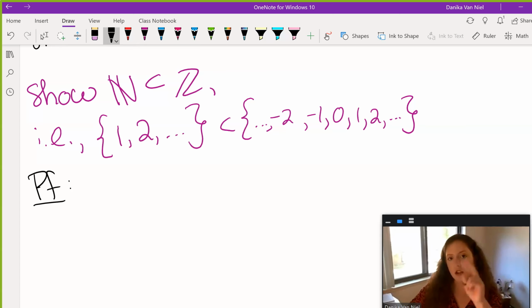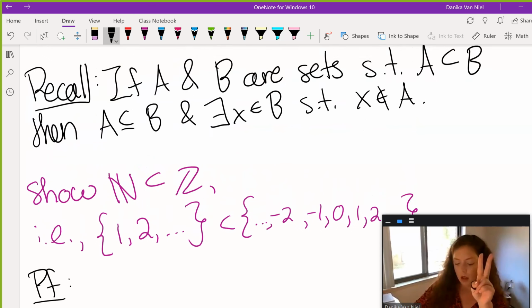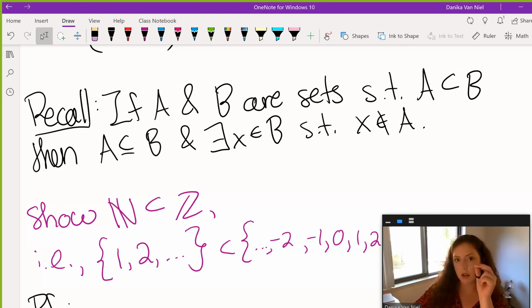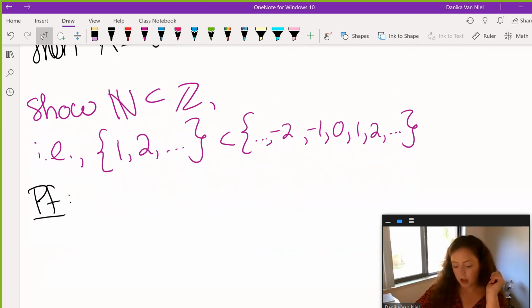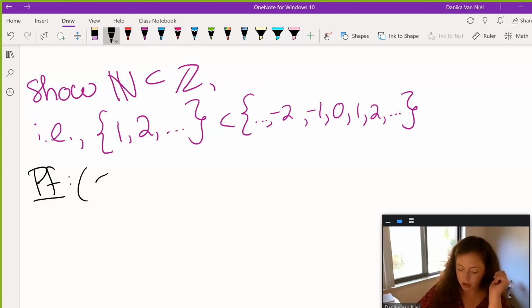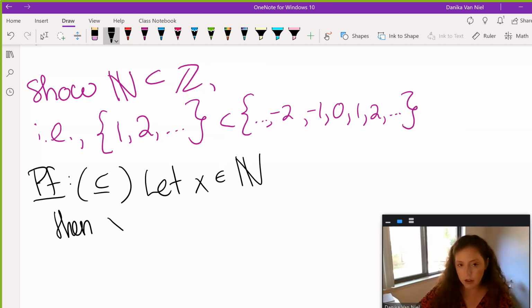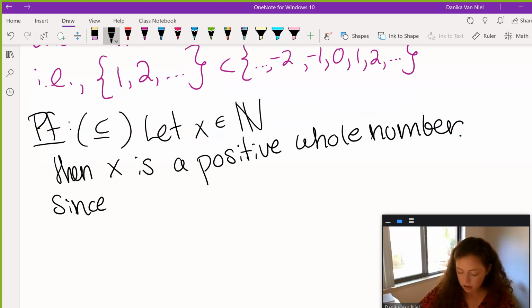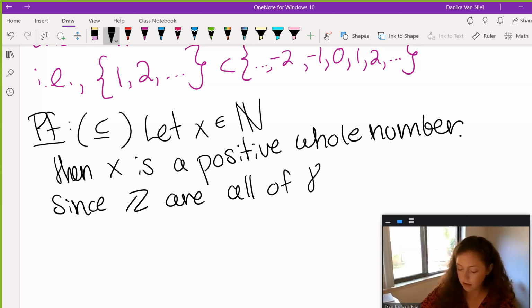Still, I need to show two things. If I'm trying to show something is a strict subset of something else, I need to show first that it's a subset, and second, that there is an element in B that is not in A. So proof. First, I want to show that it's a subset. Let X be in the naturals, then X is a positive whole number, since the integers are all of the whole numbers.